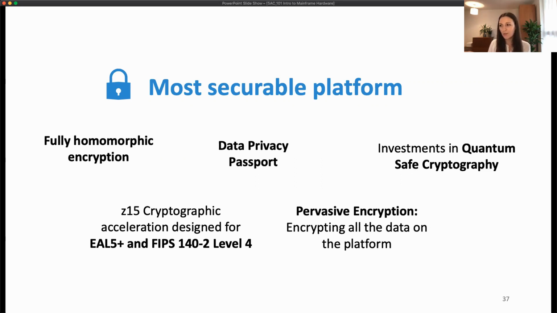Just for example, thinking about pervasive encryption, being able to encrypt all of your data, or now even the fully homomorphic encryption. So actually being able to compute on encrypted data. And there's just so much research and development going into this to make sure that the mainframe is perfectly equipped to protect against future threats.